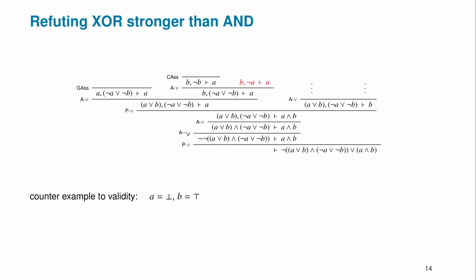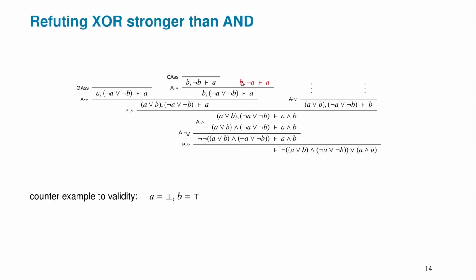And this means that the formula is not valid because we cannot get this axiom. And this branch gives us not only the information that the formula is not valid, it also gives us a counterexample. It says, when we set B to true and A to false, then we have a counterexample to the validity of the original formula. If we set A to false and B to true, then this makes A XOR B true, but A and B false, and this is therefore a counterexample.